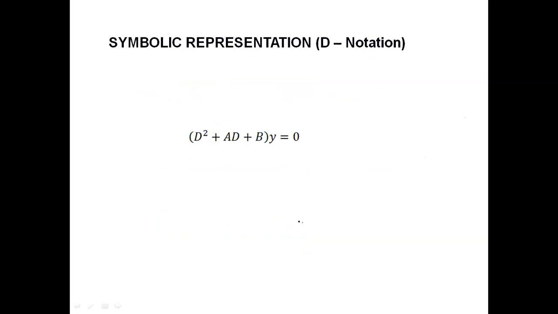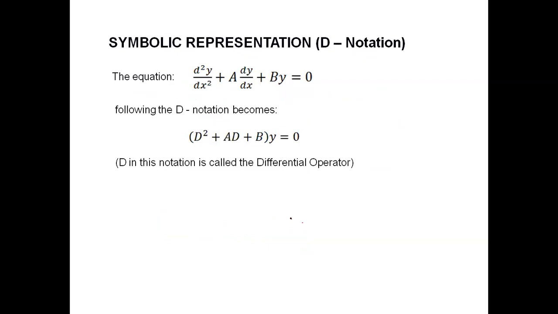Let's look at the symbolic representation. The equation d2y over dx2 plus a dy over dx plus by is equal to 0 can be represented in the D notation as D squared plus aD plus b, then in brackets, outside the brackets, you have y is equal to 0.